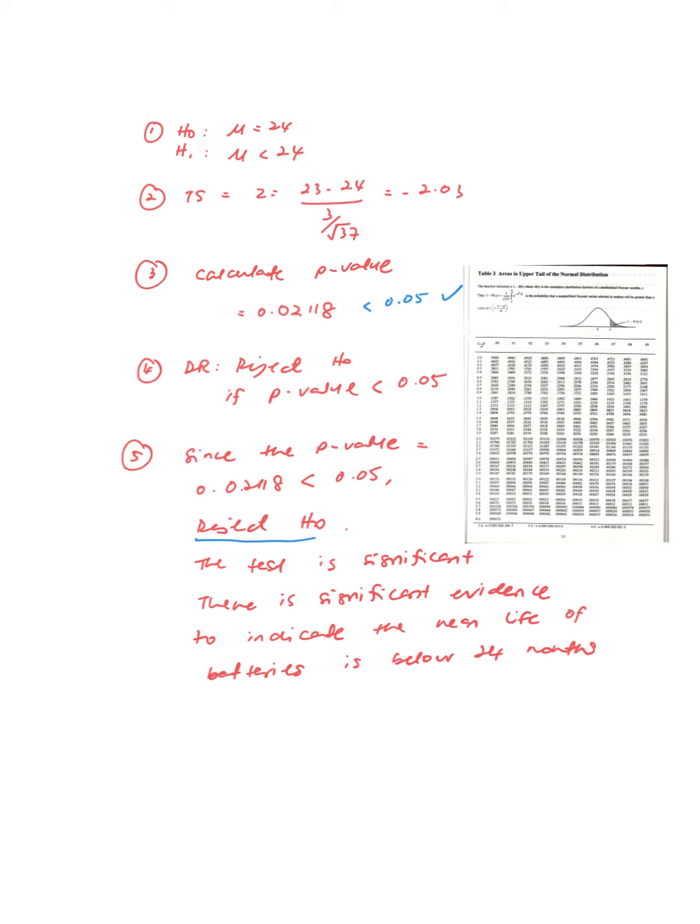It doesn't matter whether it is a left tail, right tail, or two tail. You just find the p-value, then compare with the alpha. No need to divide the alpha by 2 if you are doing the two tail test, just compare p-value and alpha.